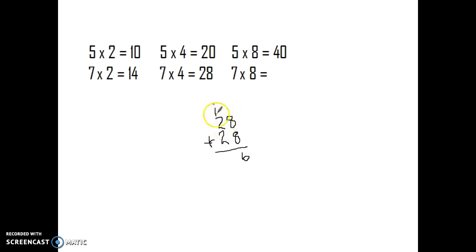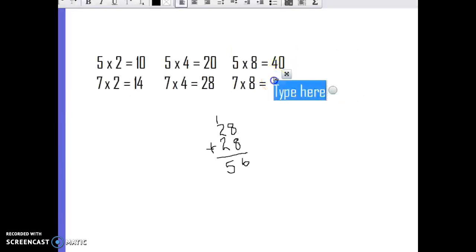So now how many 10's do I have? I have 2 10's plus 2 10's is 4, plus the 1 10 is 5. So my answer is 56. So 28 doubled is 56. Let me get back up here. 56.